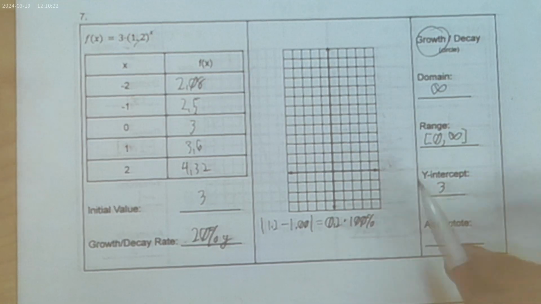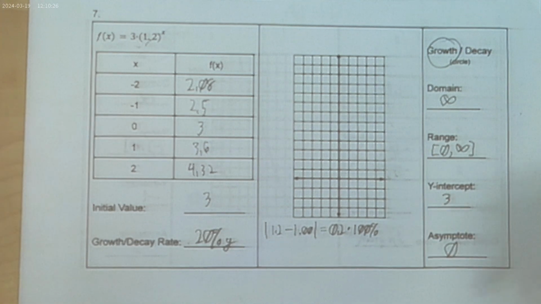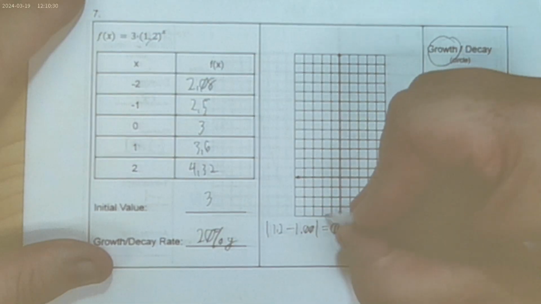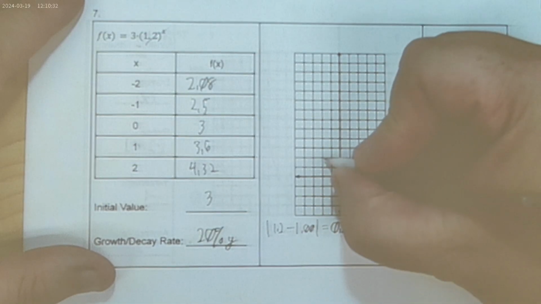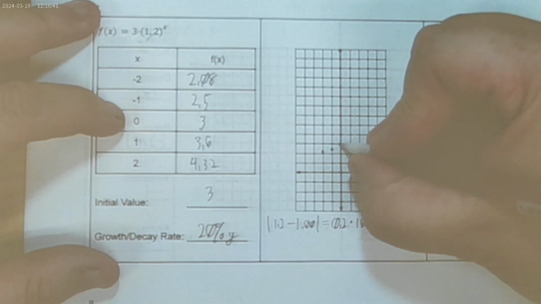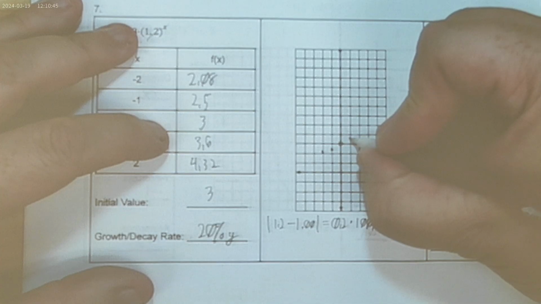So again, I'm going to let x, the horizontal axis, be 1, 2, 3, 4, etc., and do the same thing with the vertical axis. I'm just going to see what this drawing looks like. At negative 2, I've got 2.08, so really close to the bottom here. At negative 1, I've got 2.5. At 0, I've got 3. At 1, I've got 3.6.